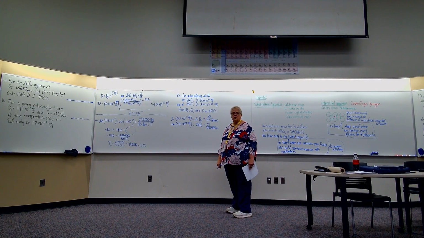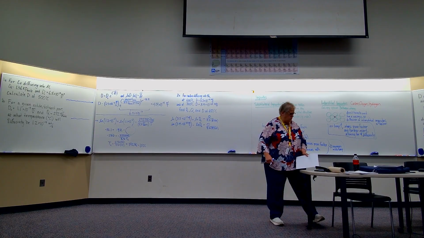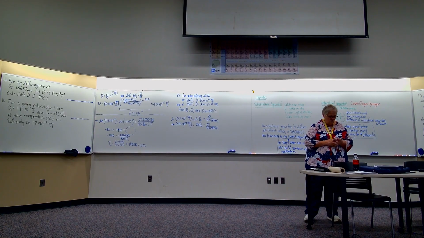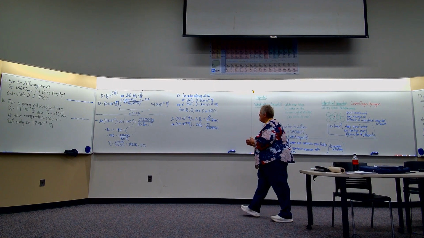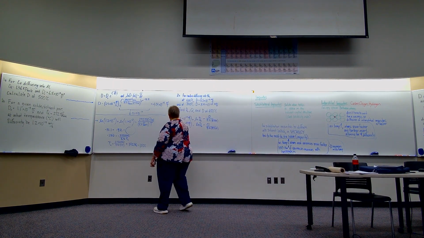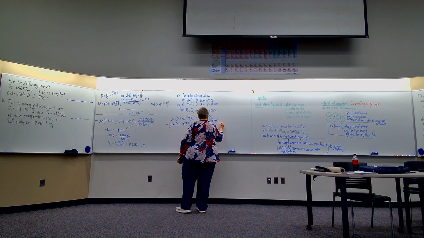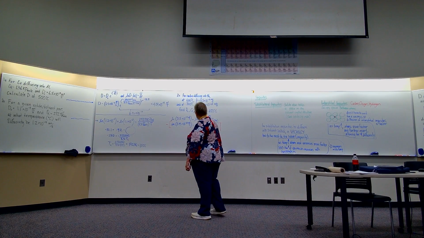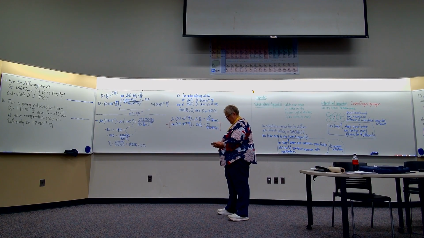Two equations, two unknowns, D0 and Q. So I'm going to have the first equation minus the second equation. All right, so natural log of the 5.5.